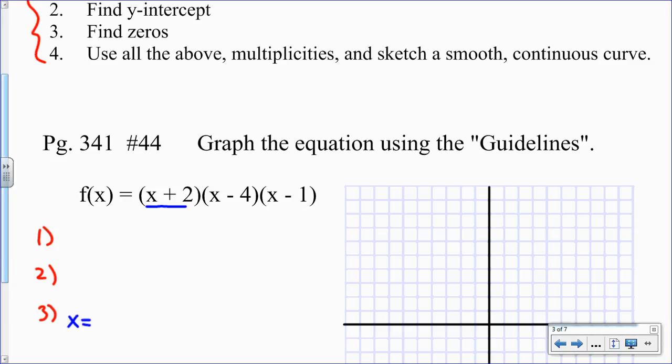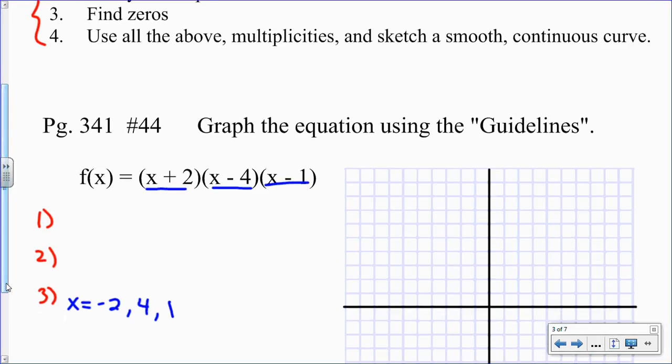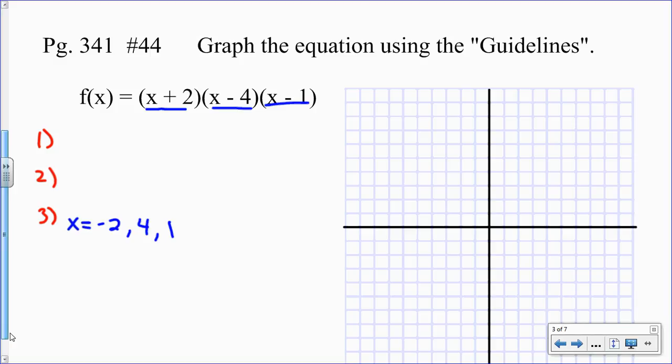Okay, so if my factor is x plus 2, the 0 is -2. And if my factor is x minus 4, the 0 is 4, and x minus 1, the 0 is 1. Okay. So then I can make that little chart because I want to use multiplicities to help me graph as well.